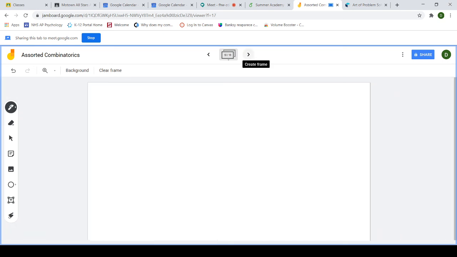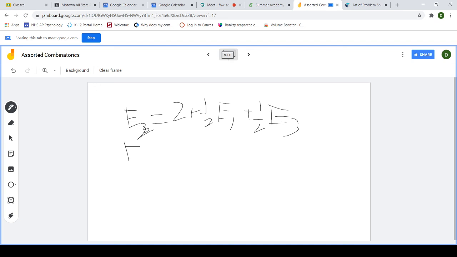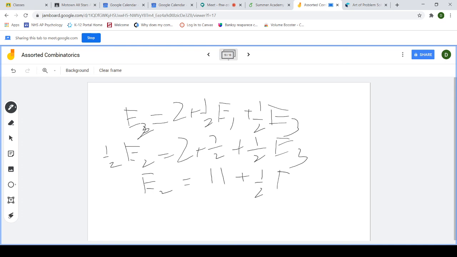We have E2 is equal to 2 plus 1/2 E1 plus 1/2 E3. So by substituting, we end up getting 2 plus 7 over 2 plus 1/2 E3. So we have E2 is equal to 11 plus E3.